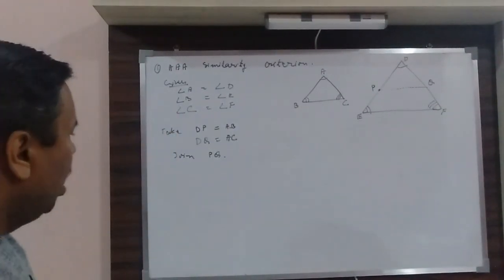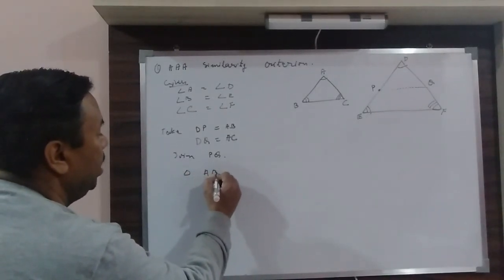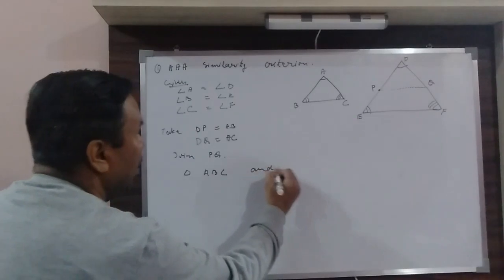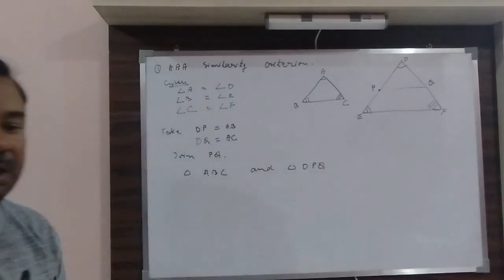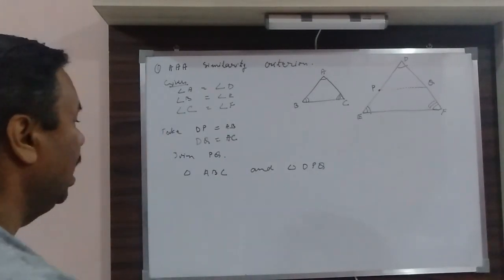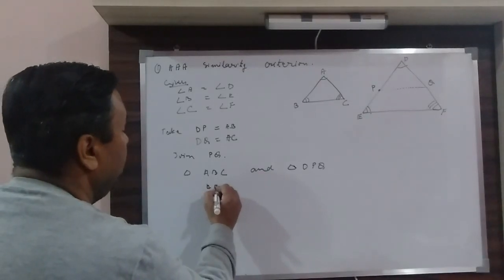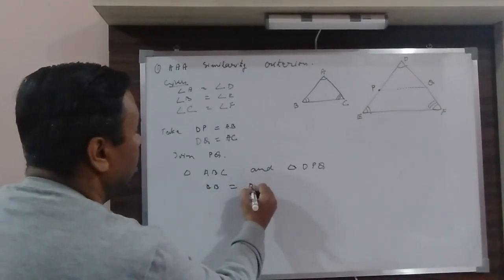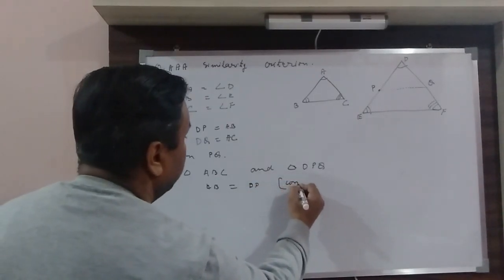Okay, now I will take triangle ABC and triangle DPQ. In these two triangles I can see that AB is equal to DP. Why? As per my construction.